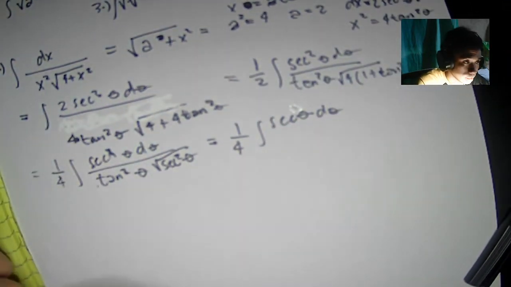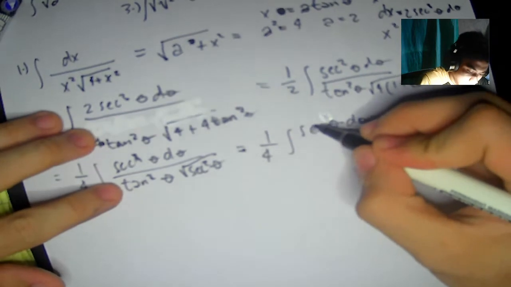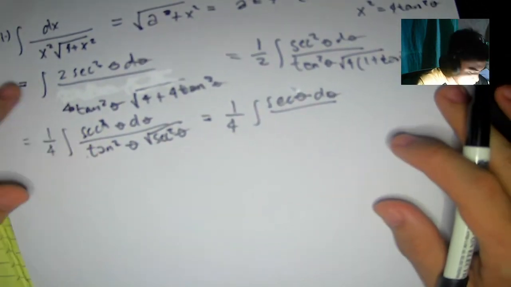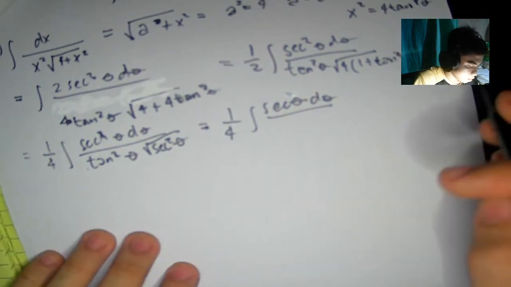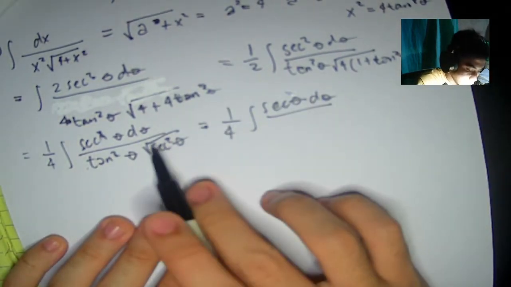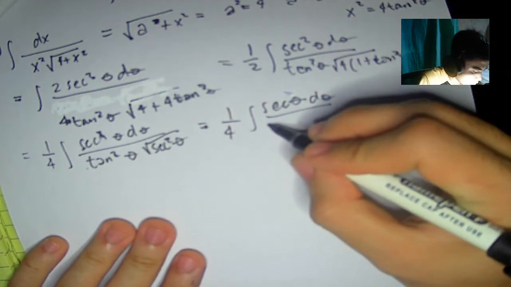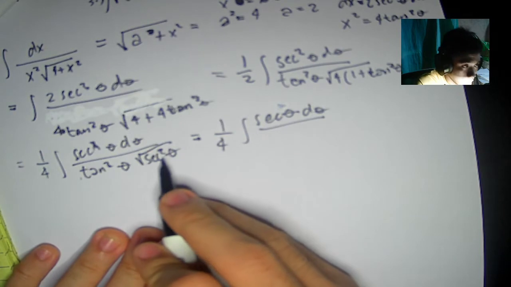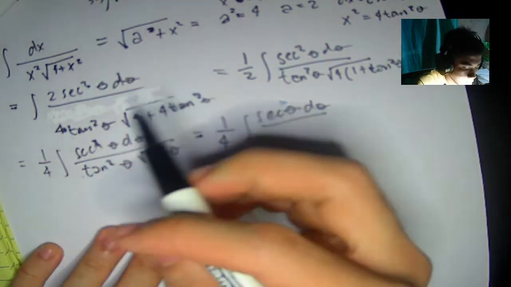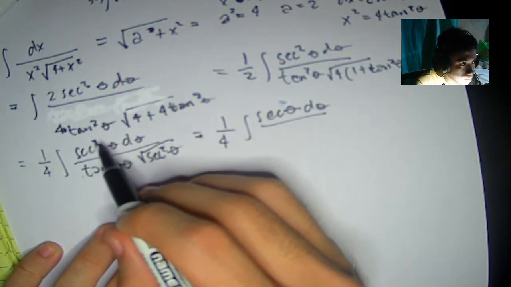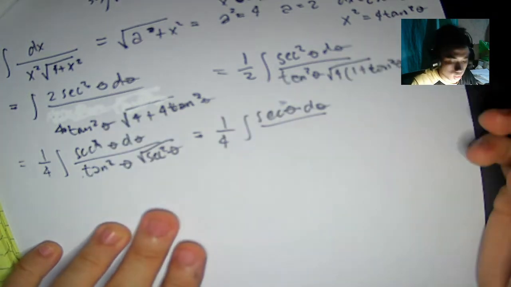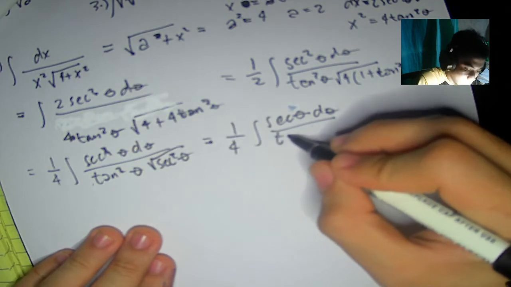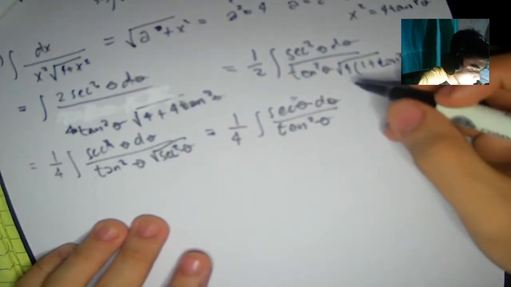So for the second theta d theta, we can cancel second squared, but we only cancel the exponent 2 because it has a square root. So you're left with tan squared theta.